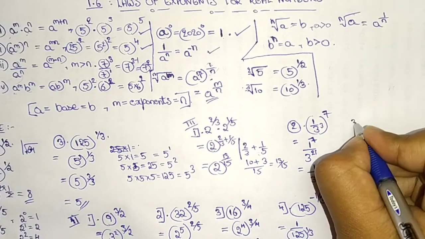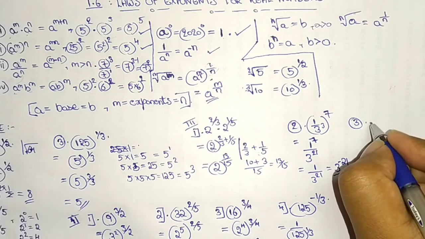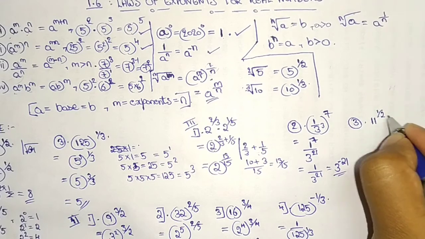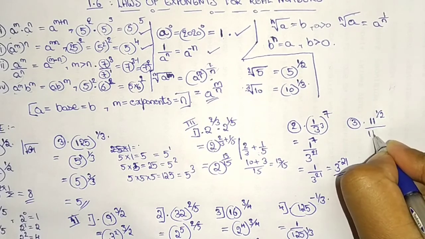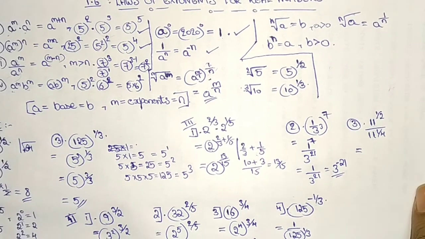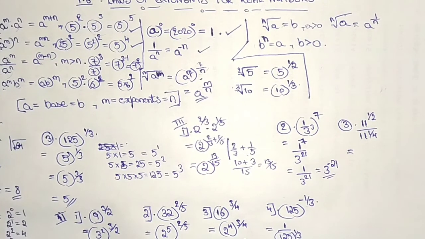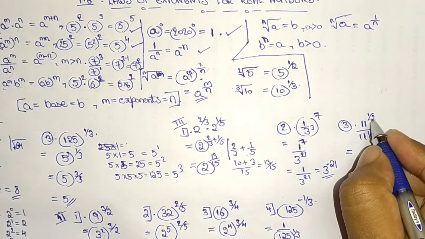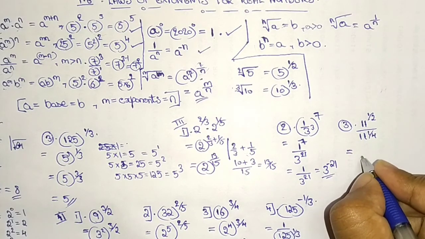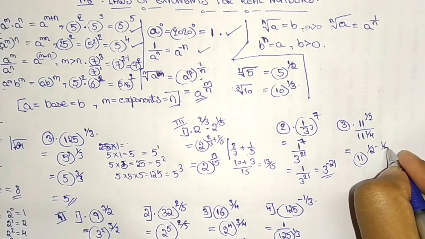Now going to the third question. 11 power 1 by 2 divided by 11 power 1 by 4. This is so simple. Now we consider a power m divided by a power n is a power m minus n, that is 11 power half minus 1 by 4.